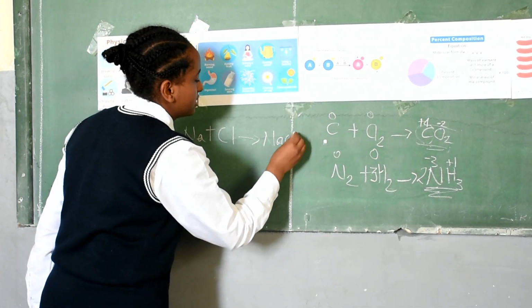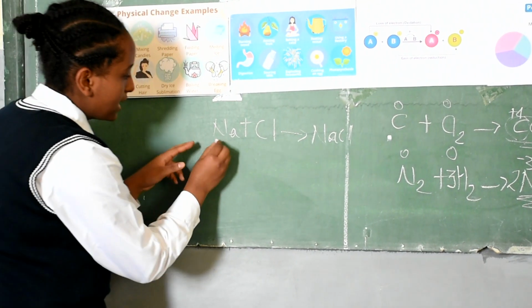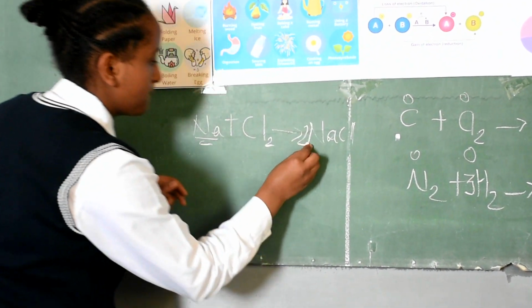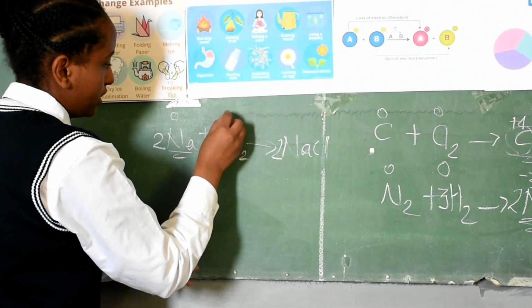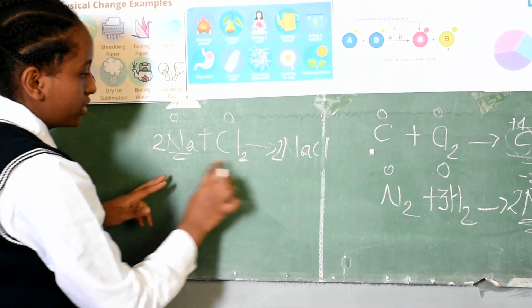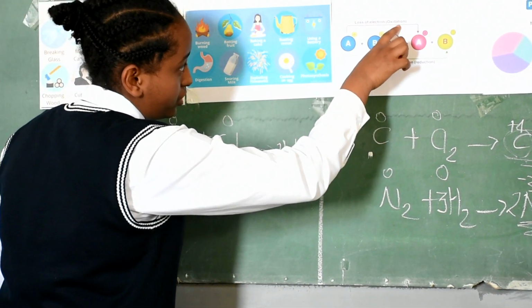Here, 2 processes have occurred. These are the reduction reaction and the oxidation reaction. Here, sodium has an oxidation number of 0, while chlorine has an oxidation number of 0. And here, sodium lost 1 electron. So we say that loss of electrons is oxidation.